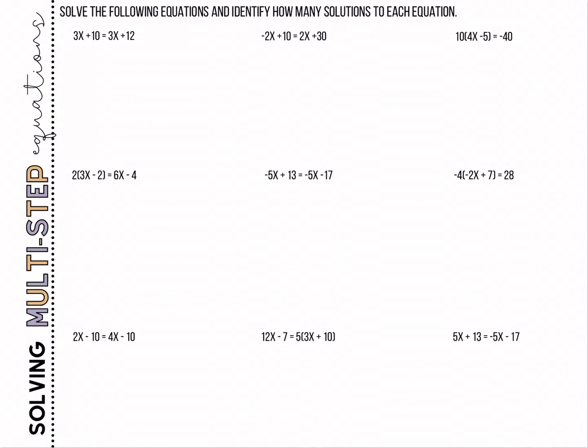So I have 3x plus 10 equals 3x plus 12. I'm going to move the variable first, so I'm going to subtract 3x on both sides. Remember, you can only combine like terms. You can't combine 3x and 10. It has to have the exact same variable part. So 3x minus 3x is 0, so I'm left with 10 equals 12.